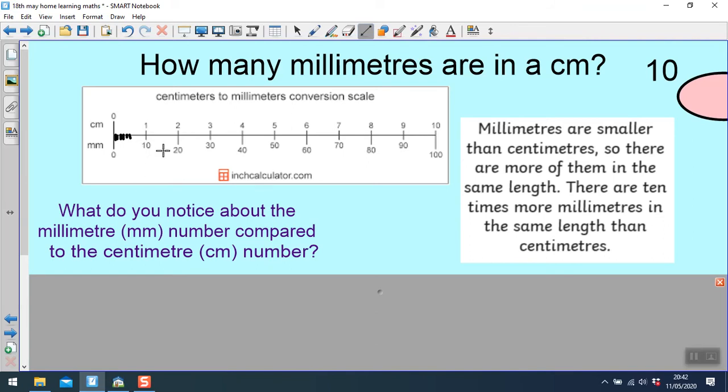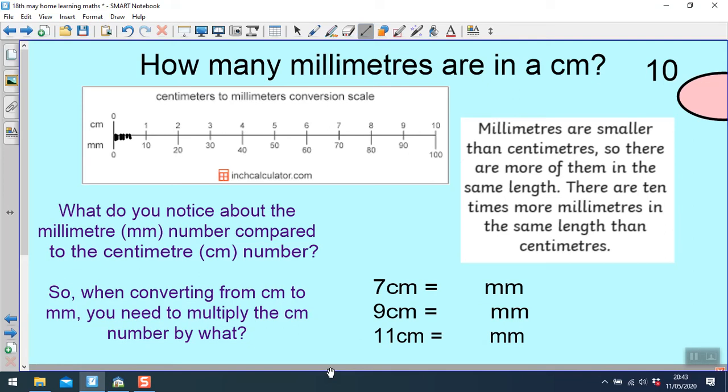What do you notice about the millimetre number compared to the centimetre number? We've got 10 for the millimetres, 1 for the centimetres. 20 for the millimetres is the same as 2 for the centimetres. What do you notice? The millimetre number is 10 times bigger than the centimetre number. To get from the centimetre number, you multiply it by 10 to get the same distance in millimetres.